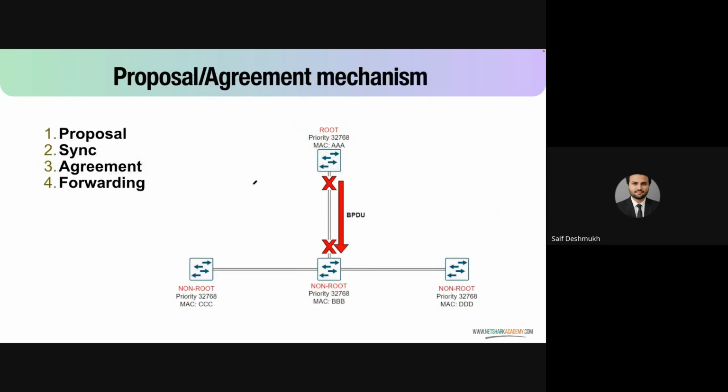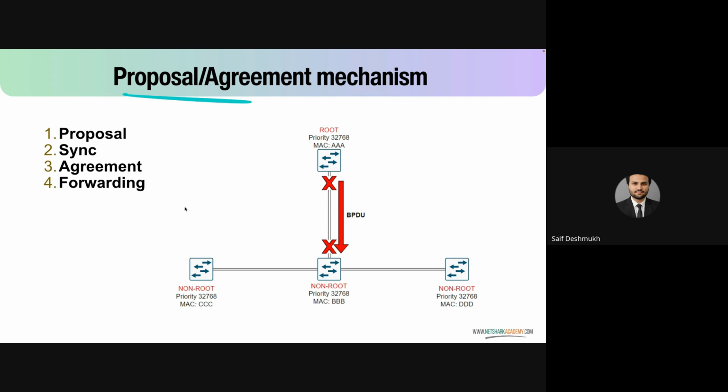The last point, how does the actual election and convergence happen here? Initially, think of it like this. The 4-step mechanism in the common spanning tree that I explained is different from what happens in rapid spanning tree. They follow a proposal agreement mechanism.